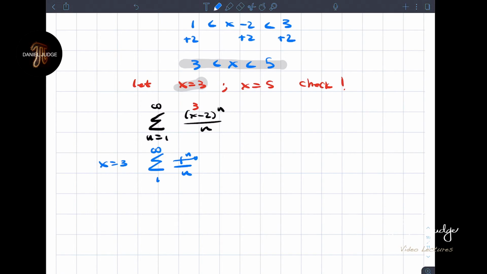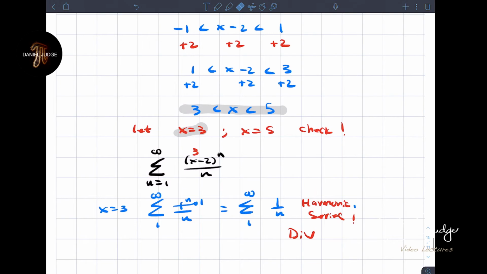And this portion here is really 1. So you actually have the very famous harmonic series, right? So this is the harmonic series. And that is the very famous divergent harmonic series. So when x is 3, we have divergence.